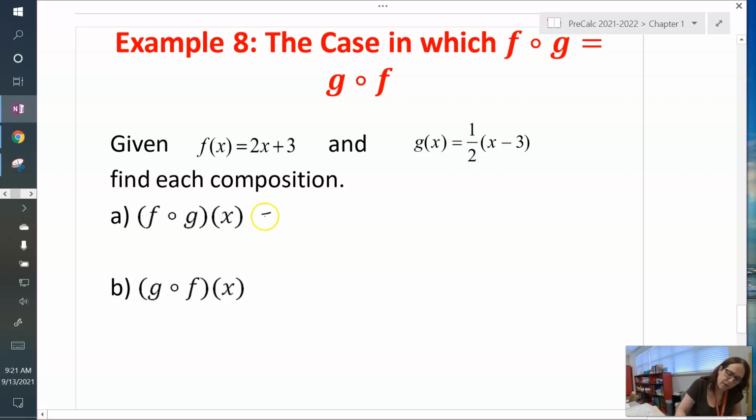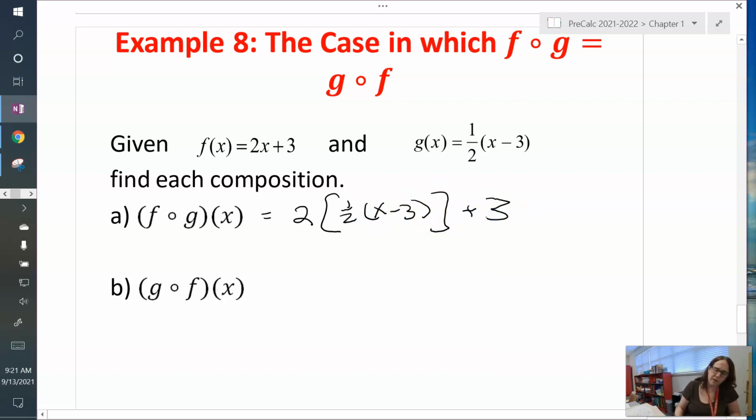So f∘g is going to be 2 times (1/2 x minus 3) plus 3. I just plugged g into f. Those cancel out, so I get x minus 3 plus 3, I get x. Now let's go the other way around. Let's plug f into g.